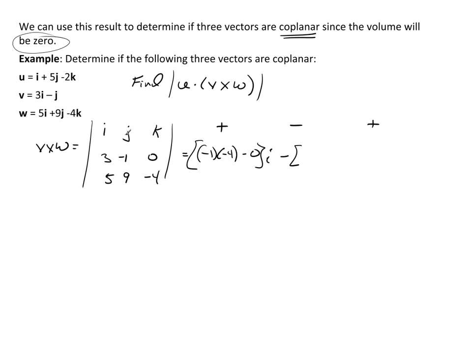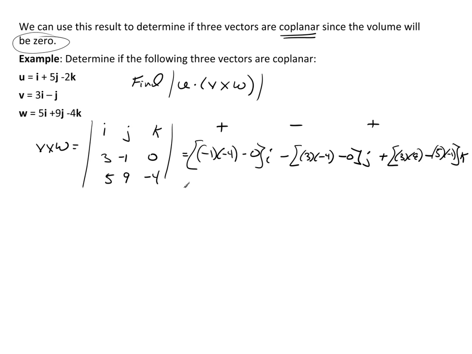Now I'm going to take a look at j, so I have 3 times the -4 minus 5 times 0, so that's again simply 0. That's j. Plus, this last component for k is 3 times 9 minus 5 times -1. And that's the k component.